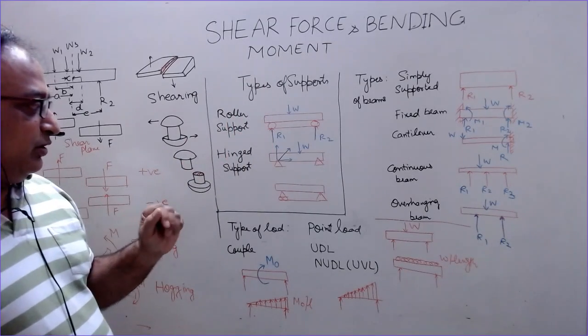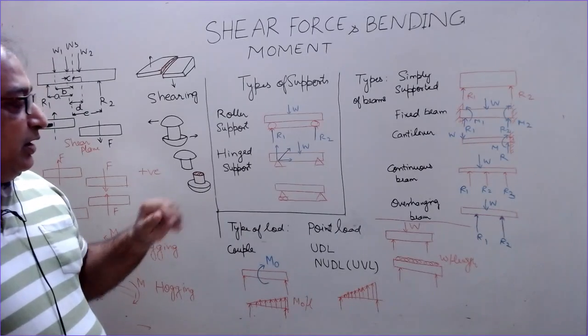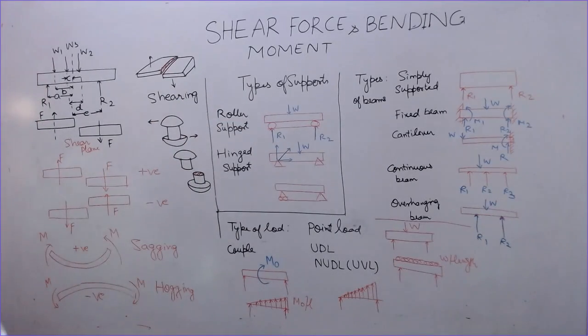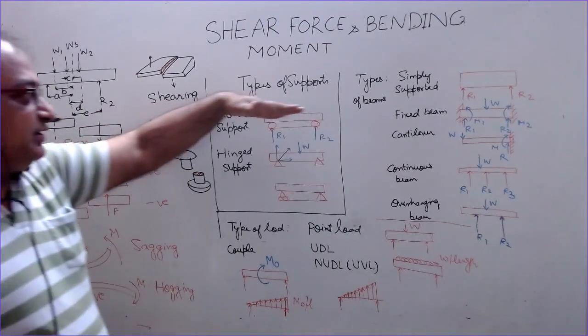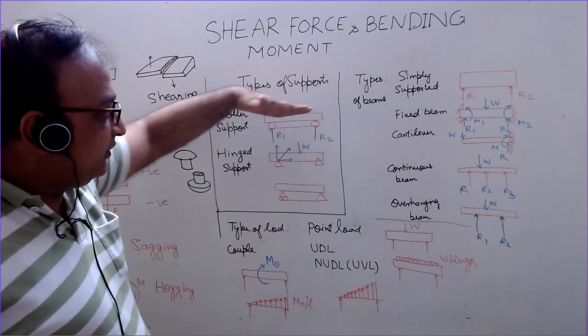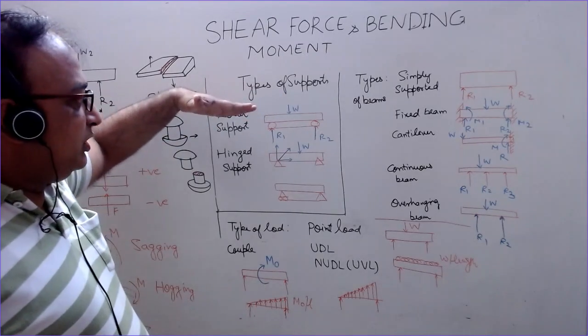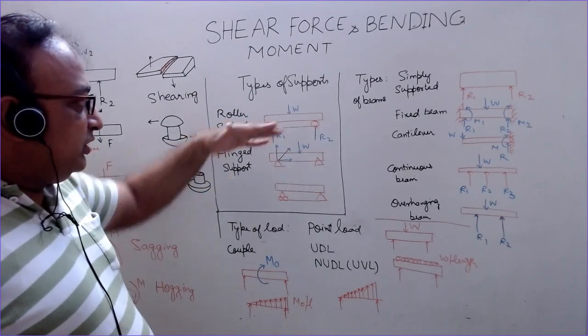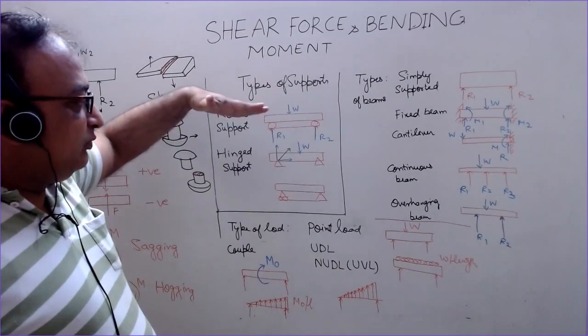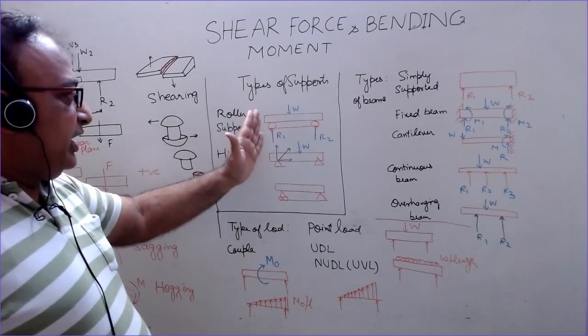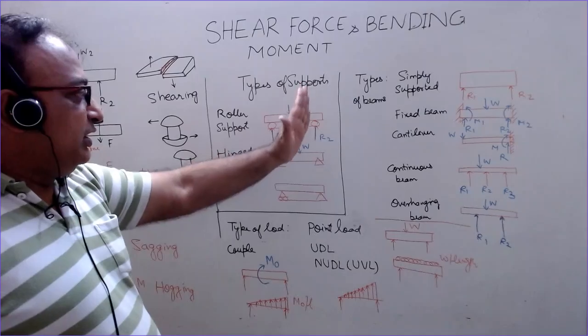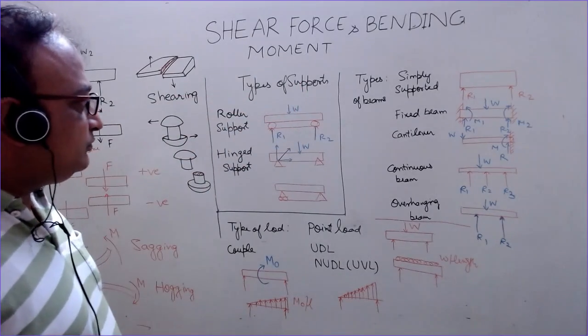The beam has an additional degree of freedom so that it can move in this direction. It can be lifted off its position, it can move in the horizontal direction, so the reaction is always in the vertical direction, normal to the beam.